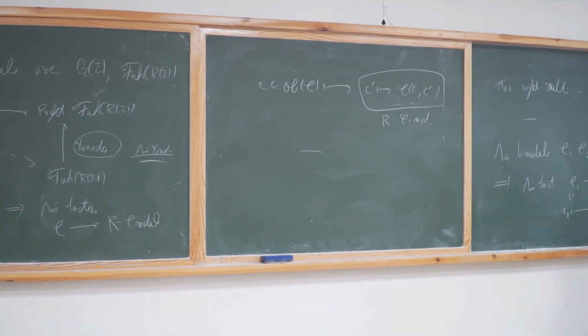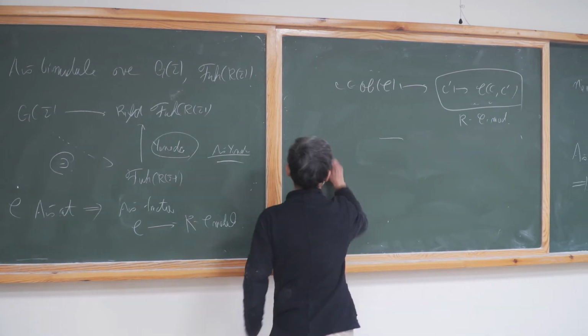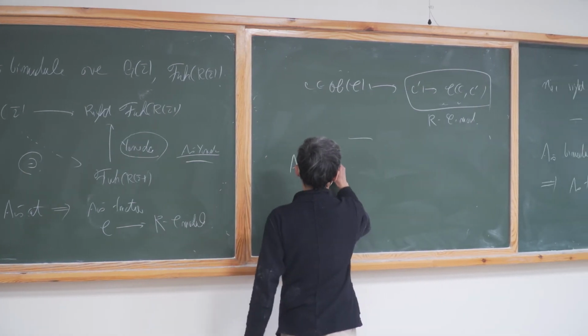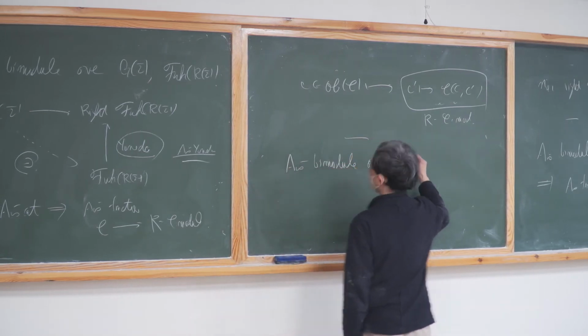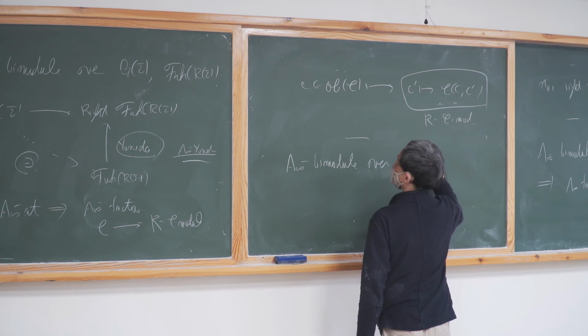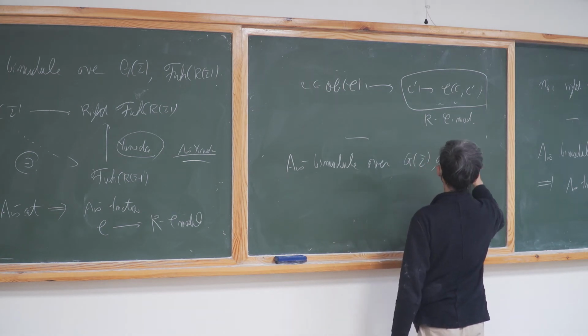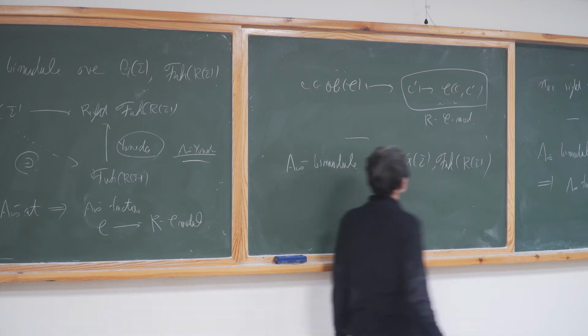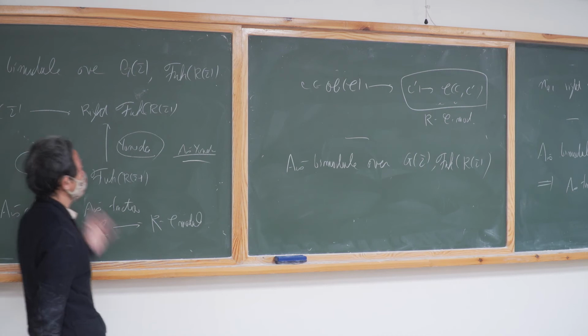So how do we construct this infinity bimodule over this G sigma and R sigma? Let me recall what we need.